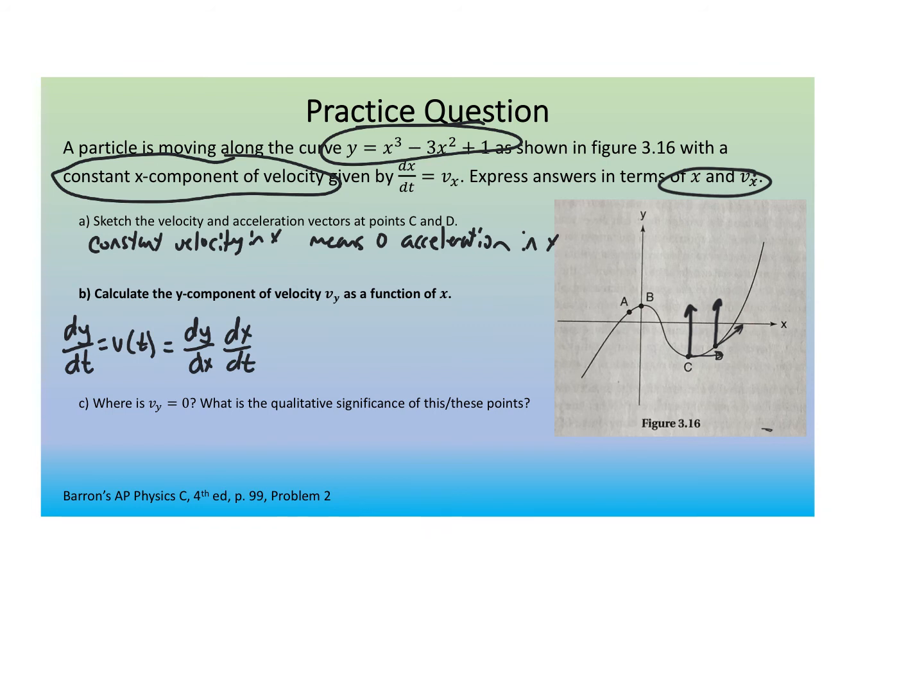We'll find the derivative of our path function with respect to x, and then multiply that by the derivative of x with respect to t, which, fortunately, we know from the problem is our initial x velocity, which is constant. So the derivative of y with respect to x, this is just your regular calculus problem, the 3x squared minus 6x. But then we multiply that by dx dt, which is just our velocity in the x direction.